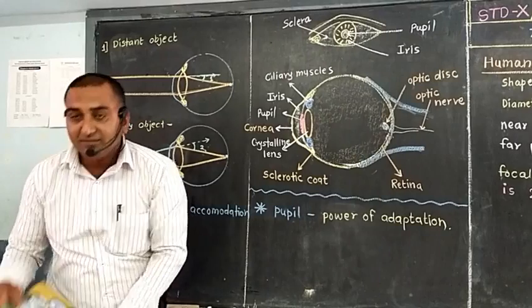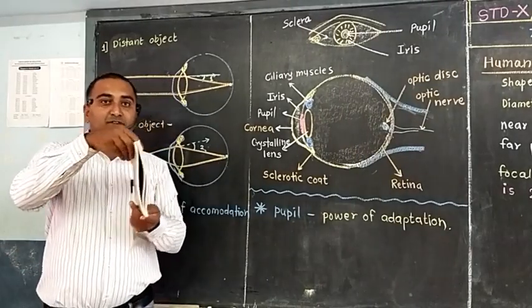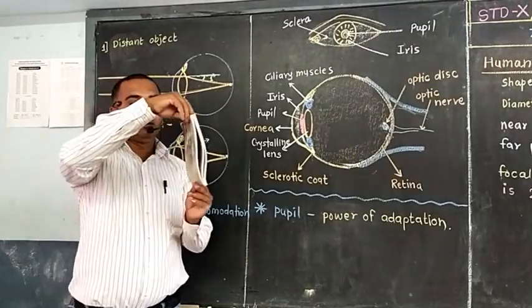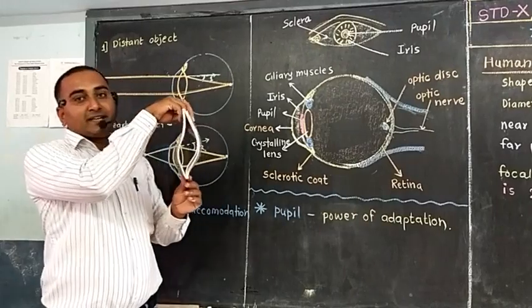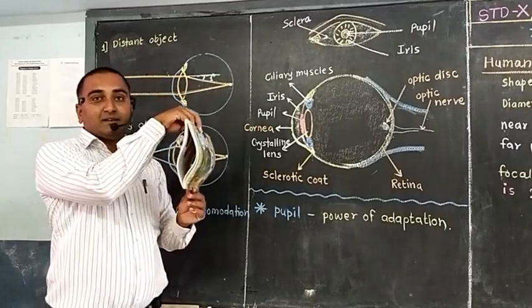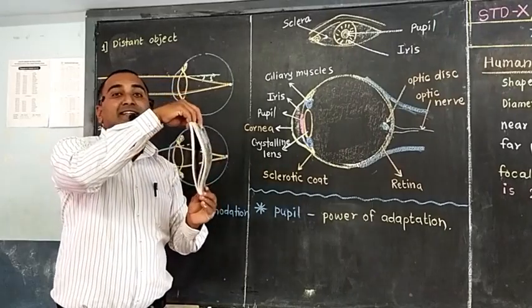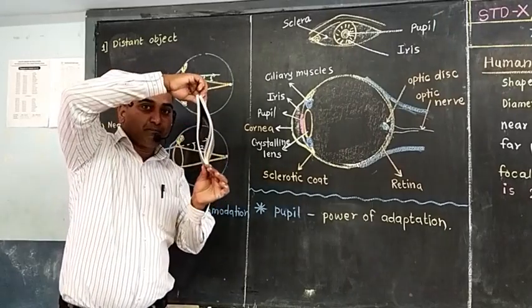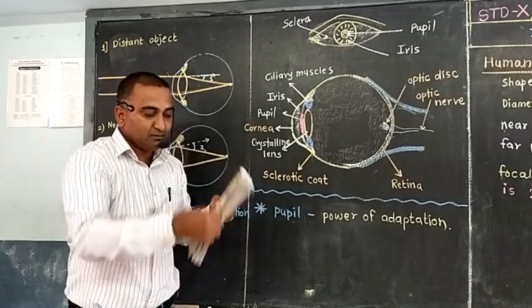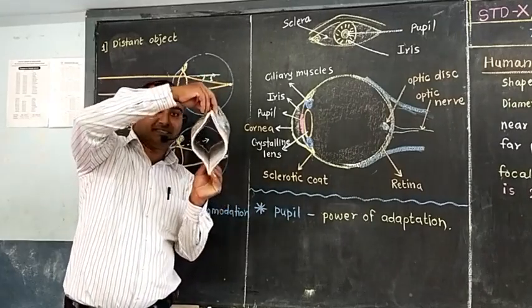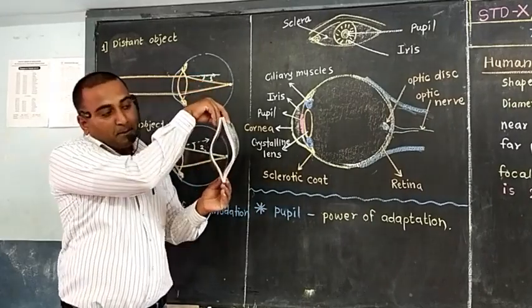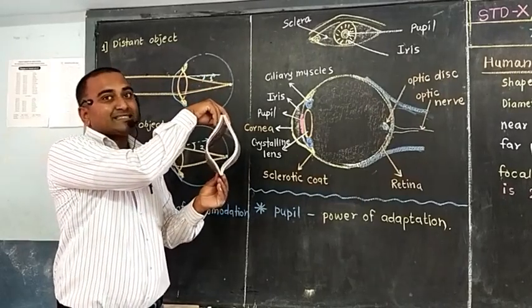See, this one is a textbook. In front of you I am holding a textbook, and by pressing it, it will take the shape of a convex lens. My hands, the right hand and left hand, will work as the ciliary muscles. If I press it, the bulging, that is the thickness, increases.